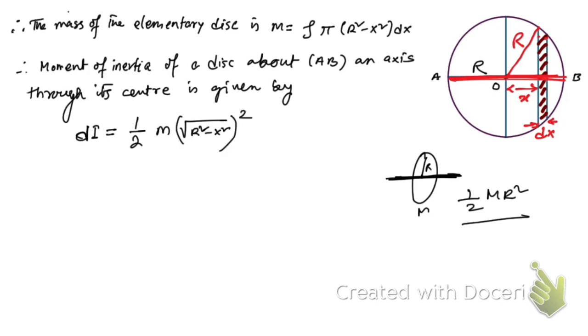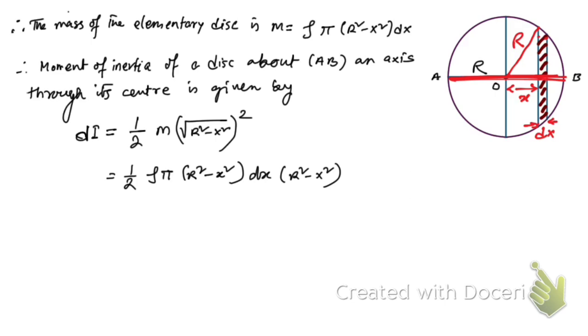So half, mass is rho pi (r square minus x square) dx, and the radius squared gives into (r square minus x square), the root will be removed. So this gives half rho pi (r square minus x square) whole square, if you multiply these two, then dx. That's what we have got.